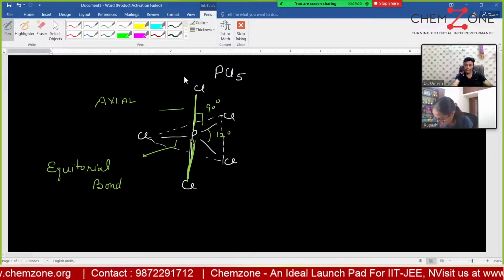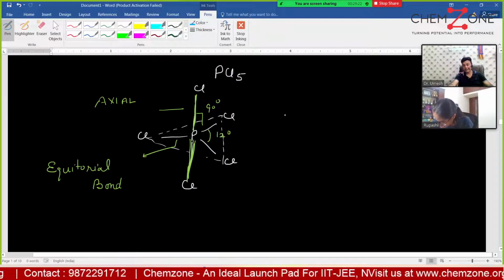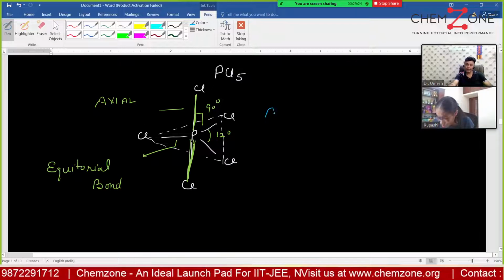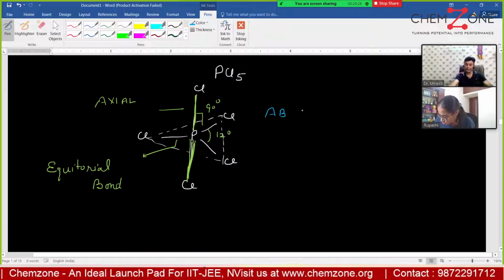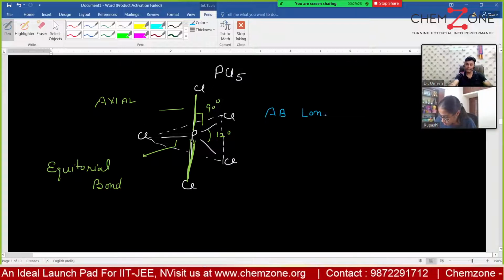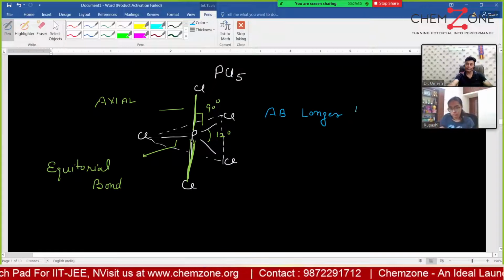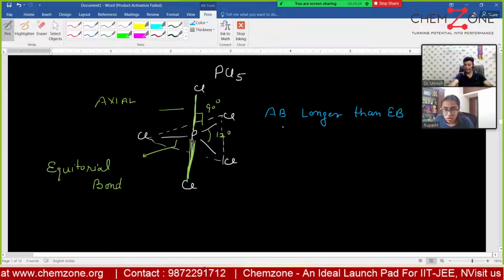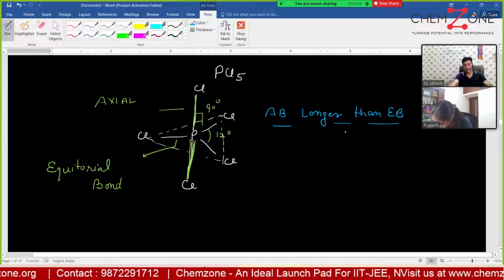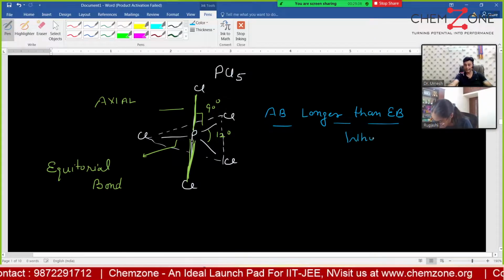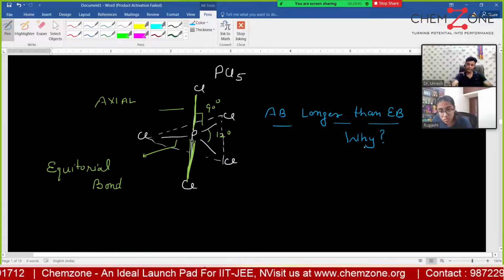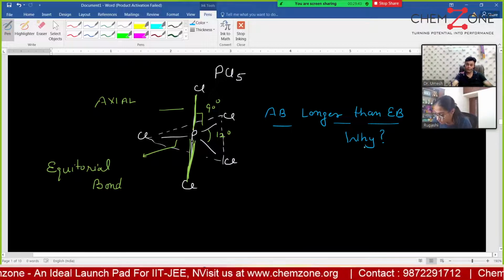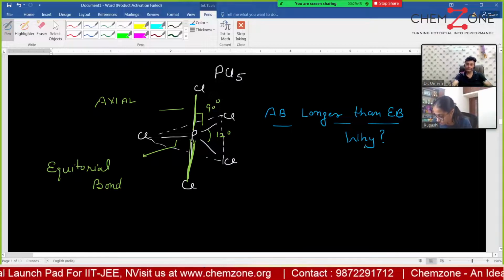This axial bond has been found to be longer than the equatorial bond. The question arises here, why?